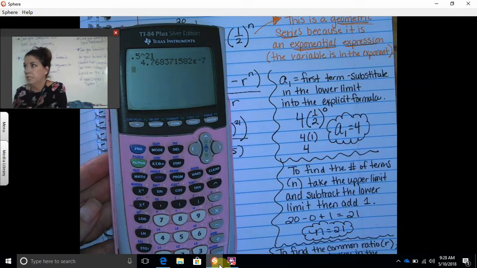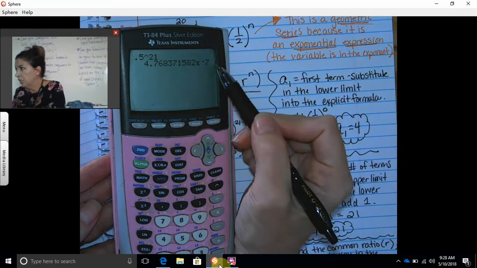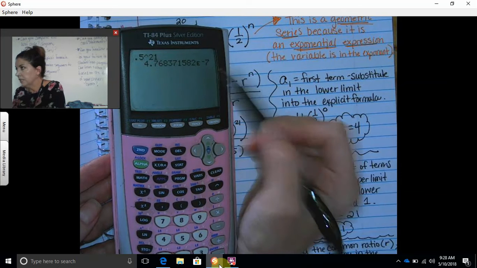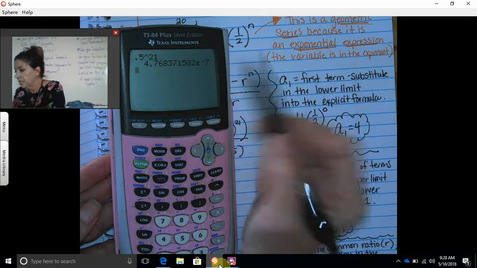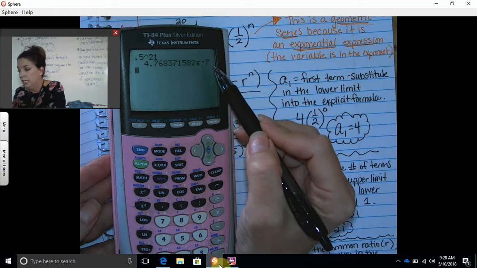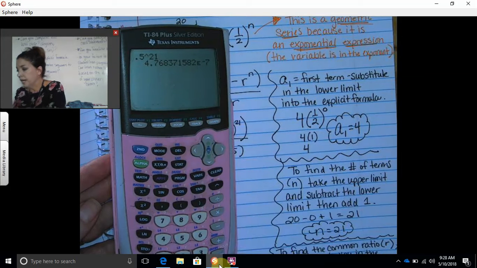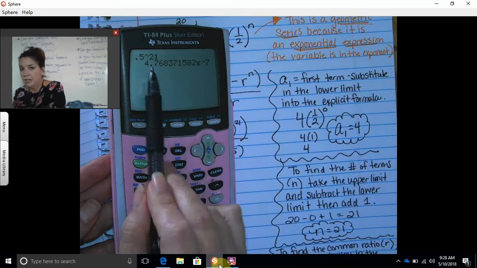Does anybody know what that means? It means I have to move the decimal 7 places. When it's negative, do I go 7 to the left or 7 to the right? To the left. 7 to the left. So it's getting smaller, smaller, smaller, smaller, smaller, correct? If that was E and it was a positive 7, it would mean 7 to the right. So I could go ahead and write that out and do 7 to the left.